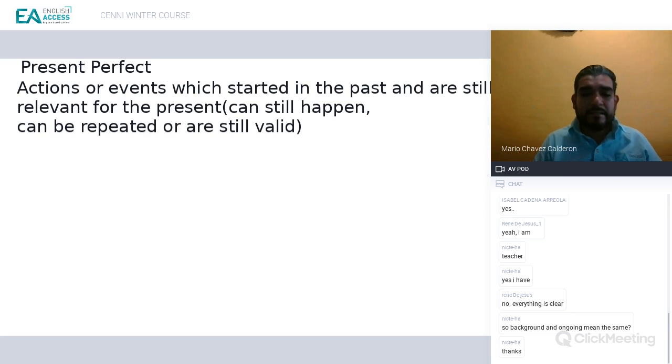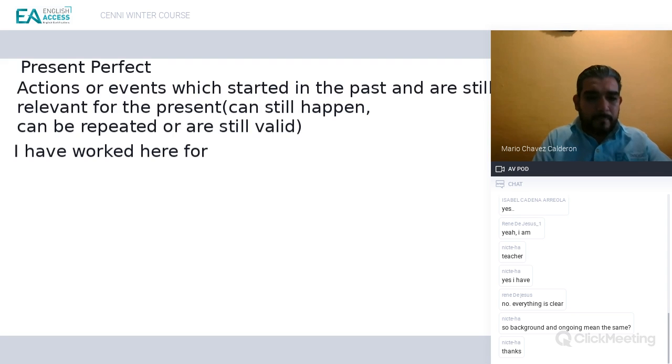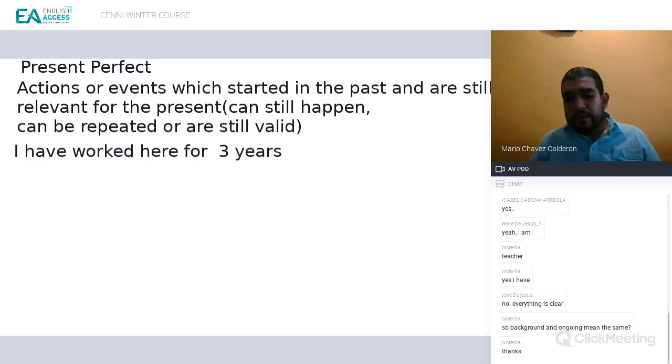For example, if I say, I have worked here for 3 years. We have the auxiliary have. When we talk about the present perfect, we use the auxiliary have or has.